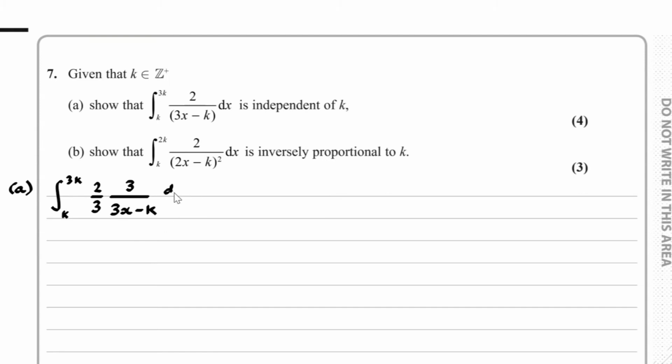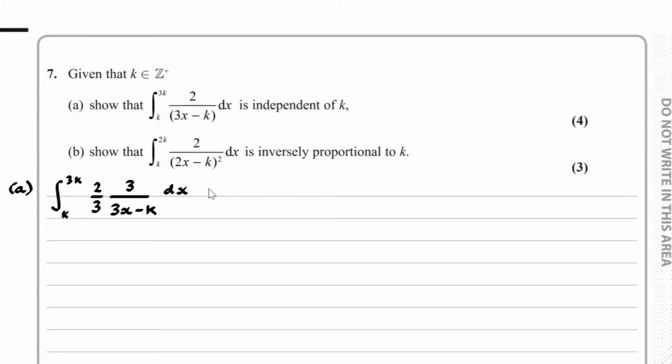Now, the reason we want to do this is because the 3's here cancel on the top and bottom, leaving us with this result. But also here, you'd notice that the derivative of the bottom, 3x minus k, is on the top. That's 3. And this allows us to integrate much more easily.